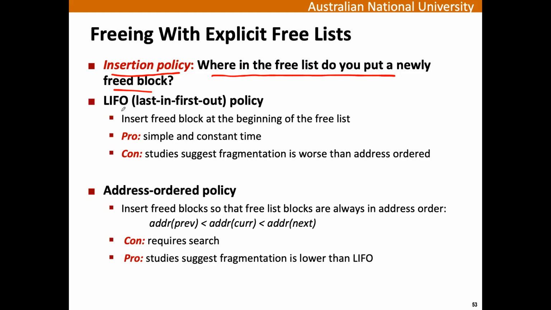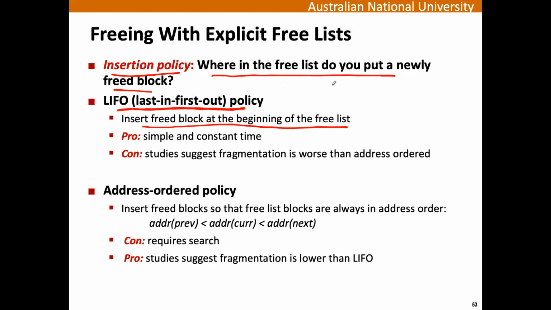Last in, first out is a policy where, whenever you free a block, you insert it at the head, or the root, of the free list. You always insert the free block at the beginning of the free list, and the last block you insert will be the first one you grab for allocation.